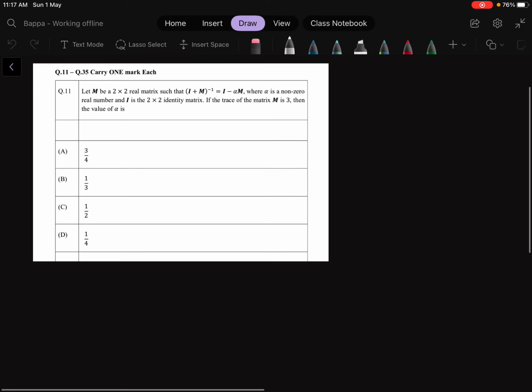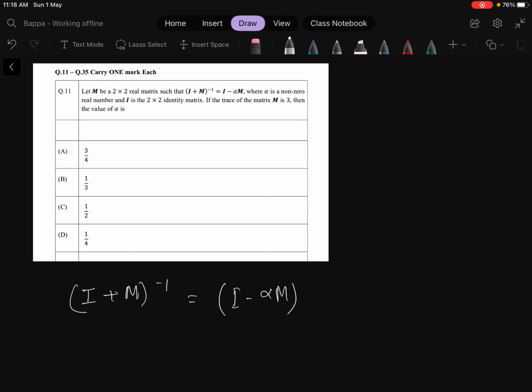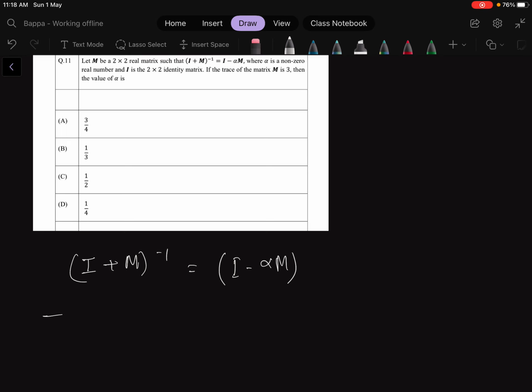So look at the equation given. The equation given is (I plus M) whole inverse is equal to I minus alpha M. Multiply both sides with I plus M, then what do you get? I equal to (I plus M) times (I minus alpha M).